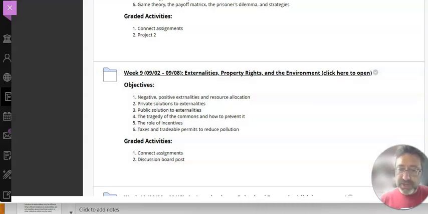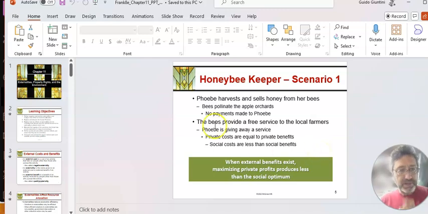So let's look a little bit. If you go and click on the PowerPoint presentations, there are several scenarios. The chapter starts with a case of positive externality, in which a beekeeper has bees, makes honey, but the bees also pollinate somebody else's orchard, and that pollination is an externality because the orchard owner doesn't pay for the service of the bees.